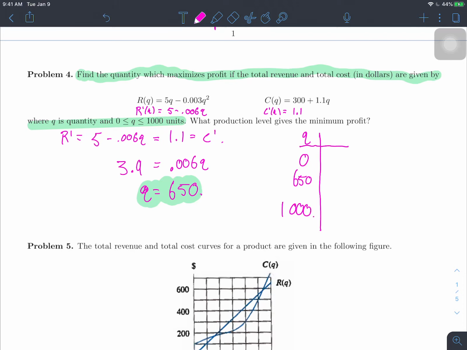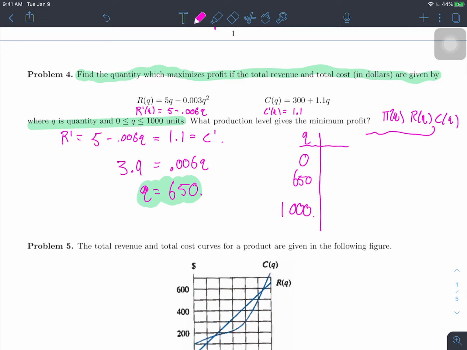Now, what should I put on the right-hand side of my table here? I'm thinking maybe pi of q, or r of q, or c of q. Which one should go on the right-hand side of my table?